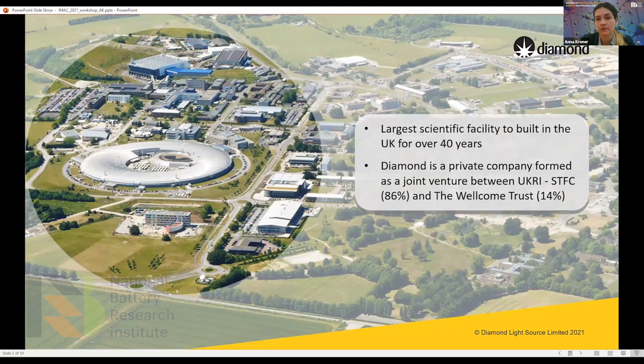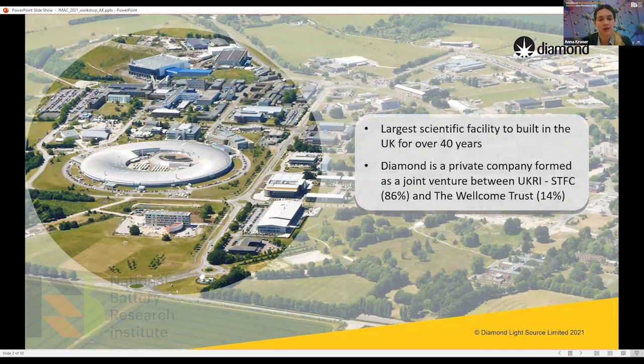So here we are. We are based in Oxfordshire, on the Harwell campus. There are also other research facilities around: ISIS, the Central Laser Facility, the Medical Research Council, and also the European Space Agency. The campus is expanding, with more and more facilities establishing themselves there.